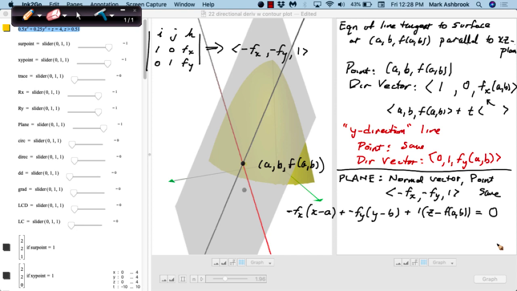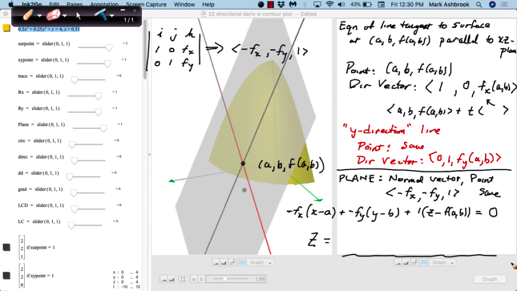Okay, now I want you to solve this for z. Take this equation and solve it for z, and see what you get. Did you see it?